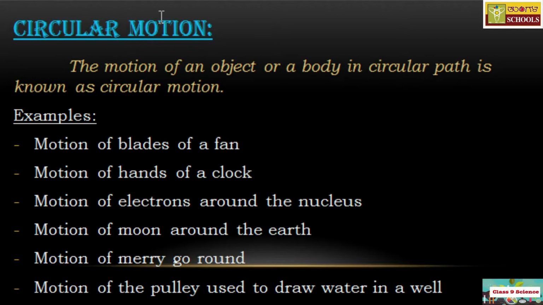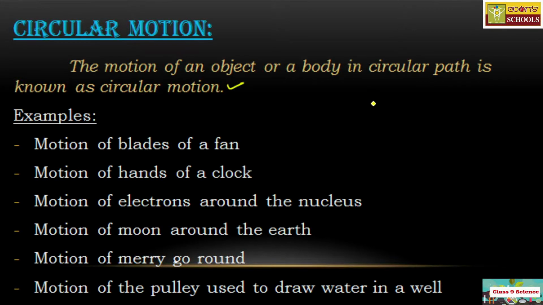Let us try to understand circular motion, which is given by this definition: the motion of an object or a body in a circular path is known as circular motion.